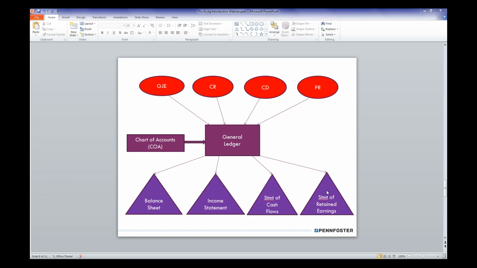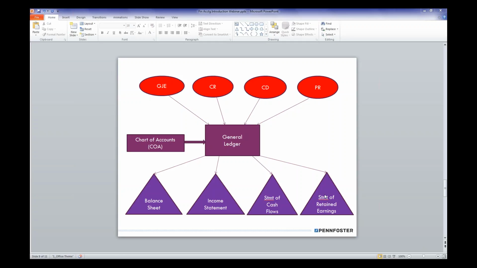Now of course these are all detailed statements, and they can get exponentially greater. We can also create additional financial statements that aren't on this screen. For example, let's say you have a manufacturing concern, maybe you build O-rings for jet engines.